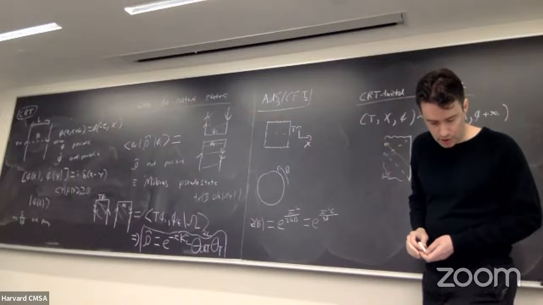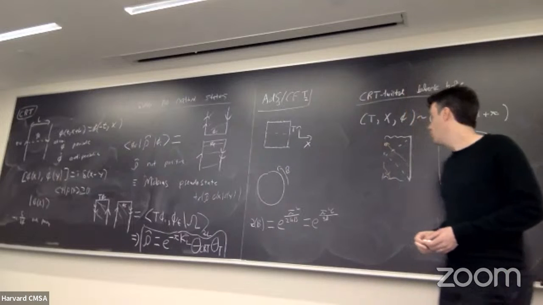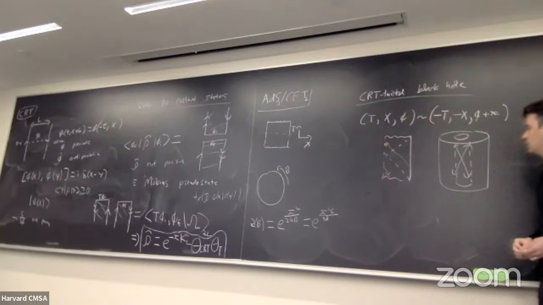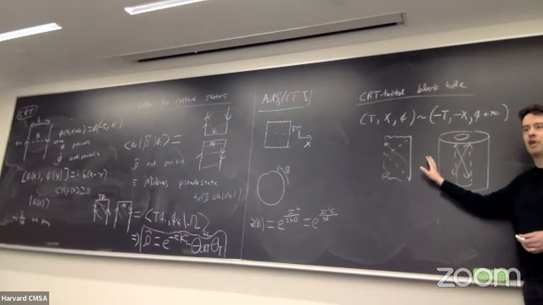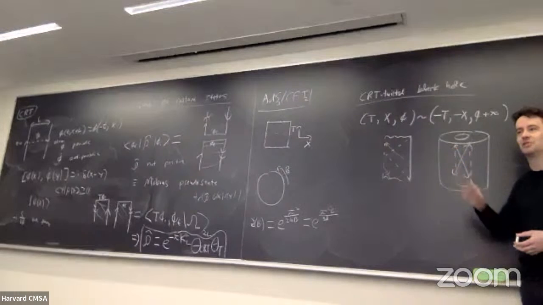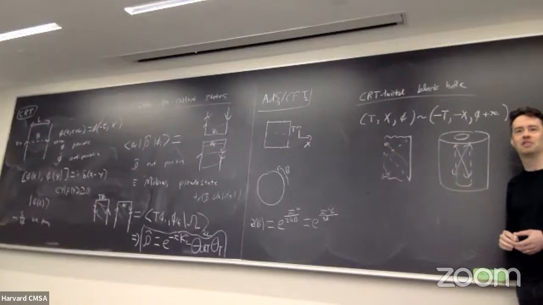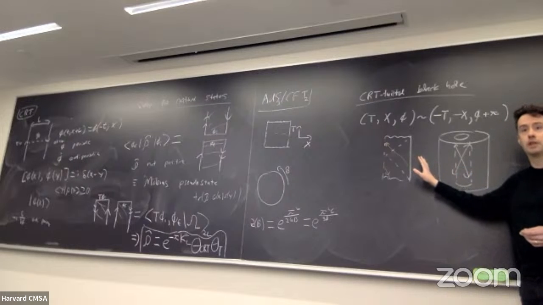Now, you might say, well, that's silly, Daniel. But what I'm now going to explain to you is that there's a calculation I can do in the dual CFT where this is the dominant configuration. And so to match the CFT, I have to include this. In some sense, this is a proof that in quantum gravity, we're going to have to learn to live with these things.